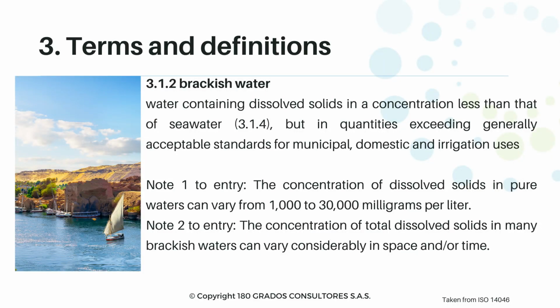Furthermore, the second note indicates that the concentration of total dissolved solids in many brackish waters can vary considerably, both spatially and temporally. This suggests that the quality of this water is subject to change due to natural and human factors, which can have important implications for the sustainable management of water resources.